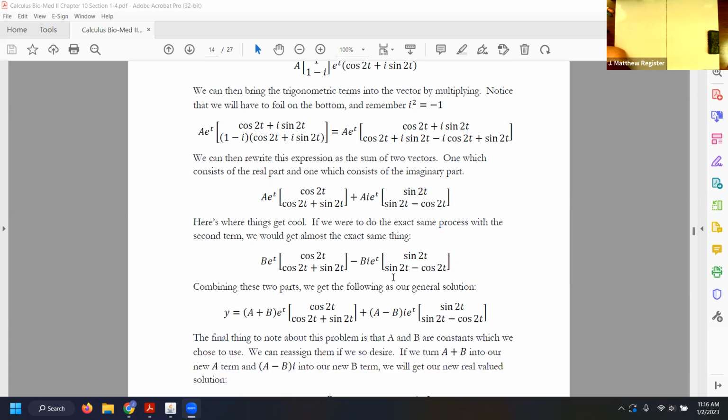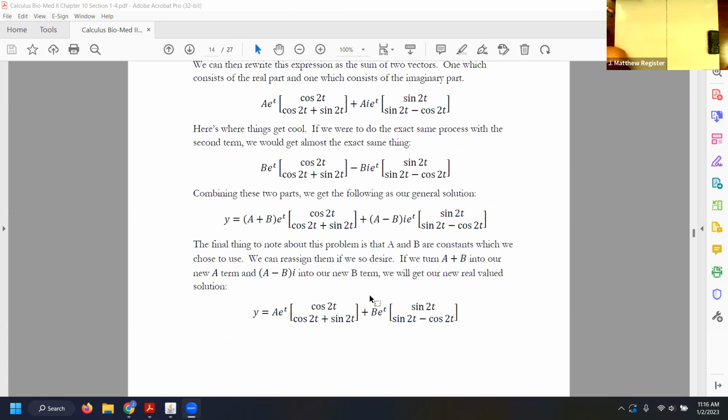Well, if we did the conjugate, we would just get the exact same thing. And that's where we can do a little bit of magic. We can essentially break this real part and this imaginary part and make it so that the real part has the a term and the imaginary part has the b term. And so get rid of the ai and rewrite it as b.